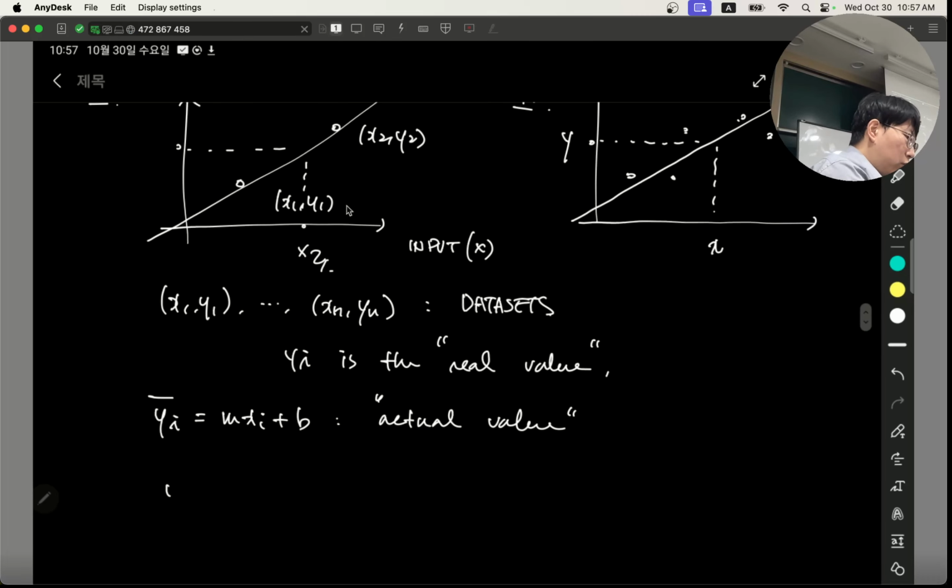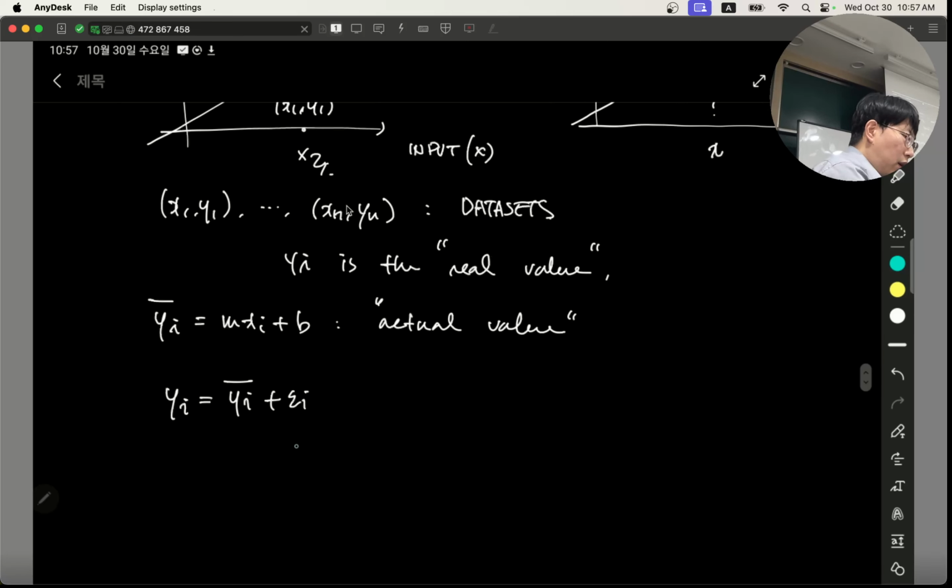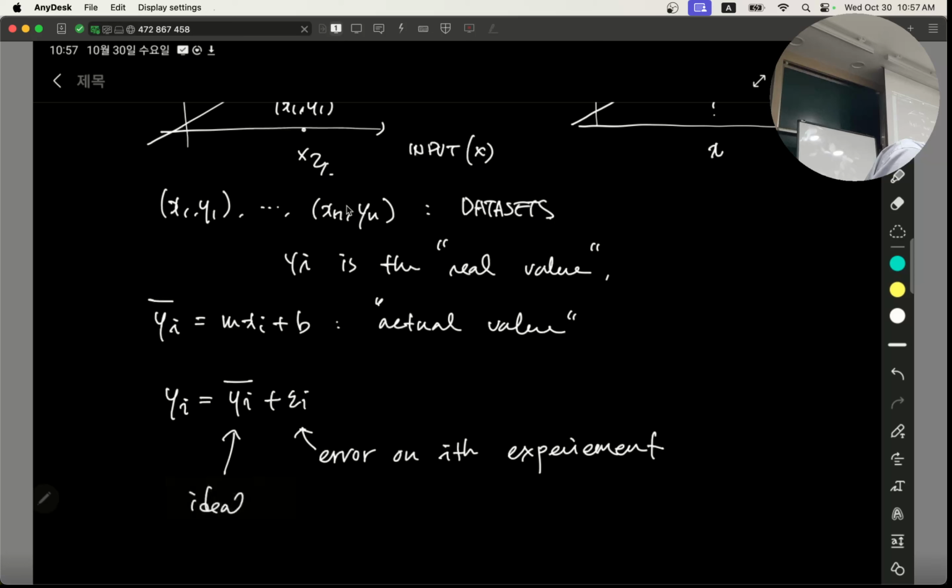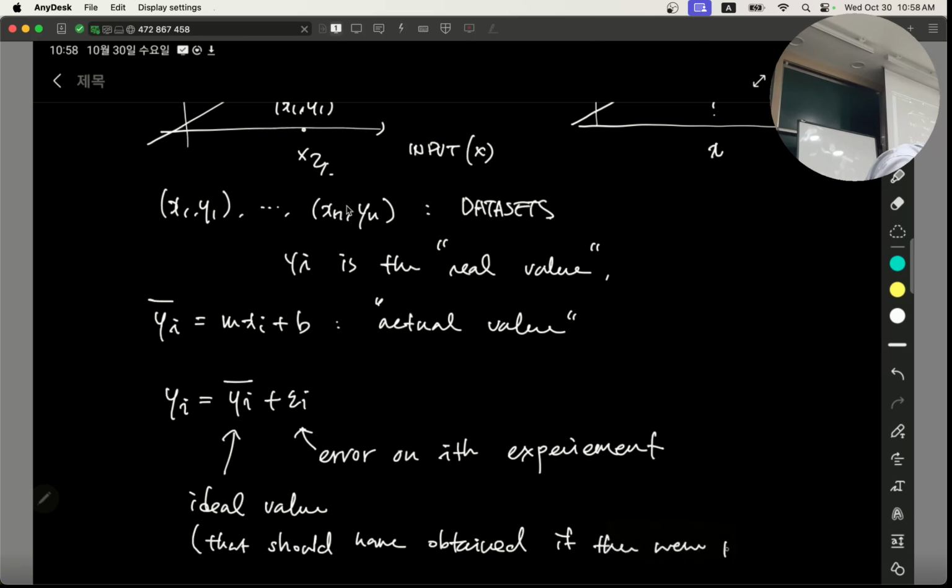So I'm assuming that this yi is yi bar plus error, epsilon i. So this is the error on the i-th experiment, and this is the ideal value that you should have obtained if there were no error.